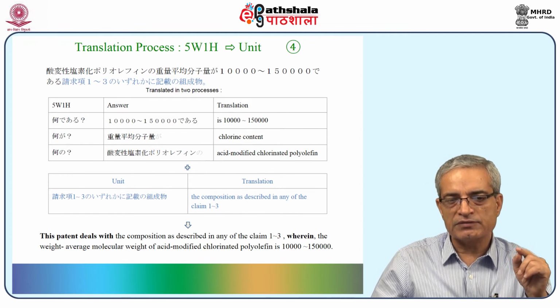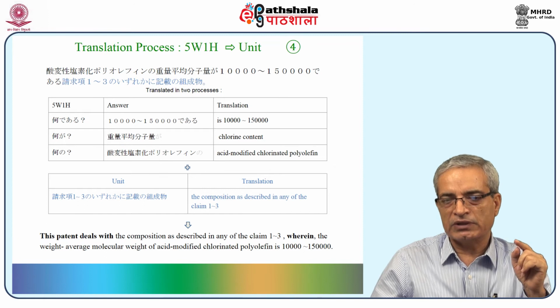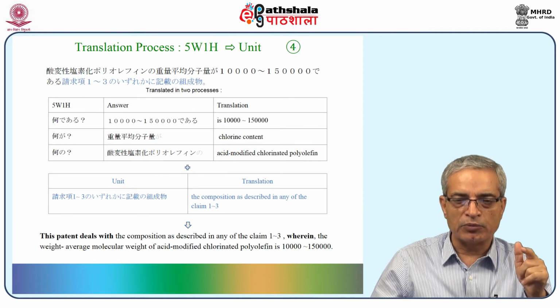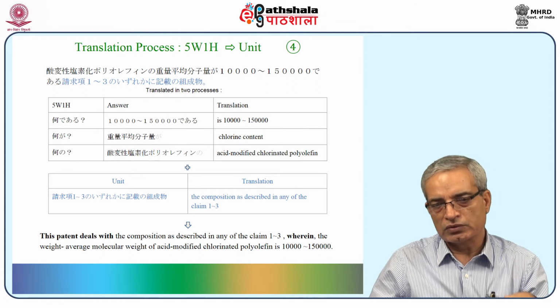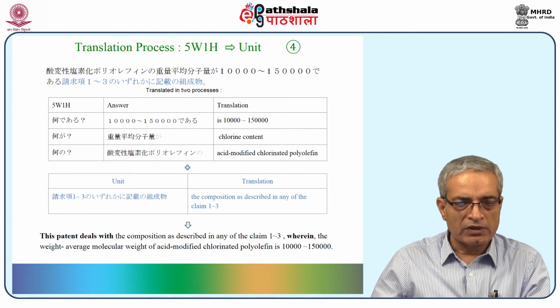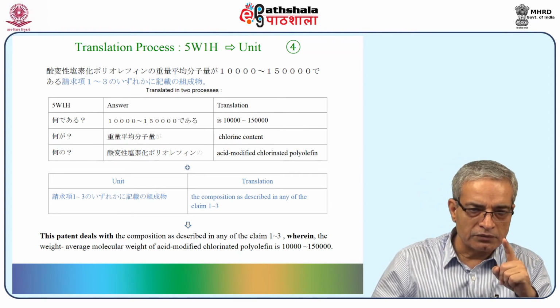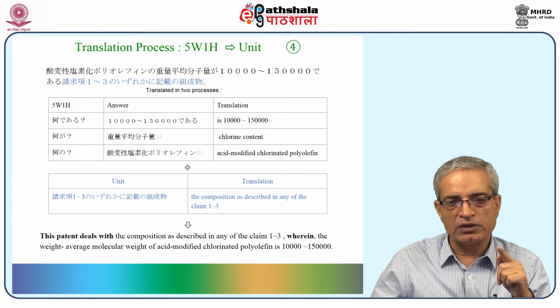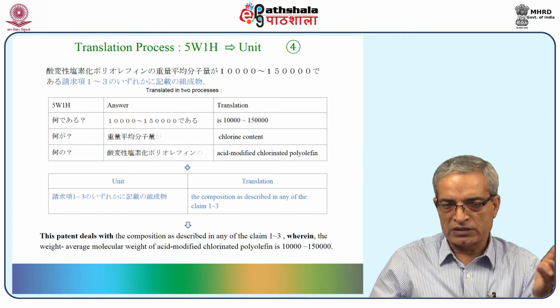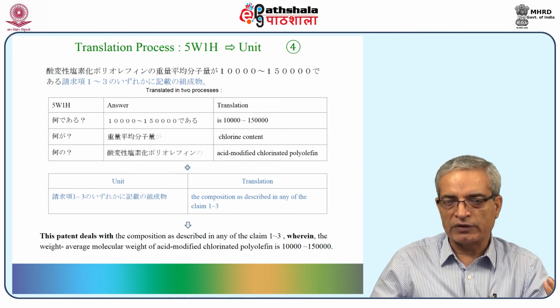So this patent deals with the composition as described in any of the claims 1 to 3, wherein the weight average molecular weight of acid modified chlorinated polyolefin is 10,000 to 150,000. Well, this weight average molecular weight of acid modified, we don't know, but this is what is available in the dictionary, so we have to use it as it is.